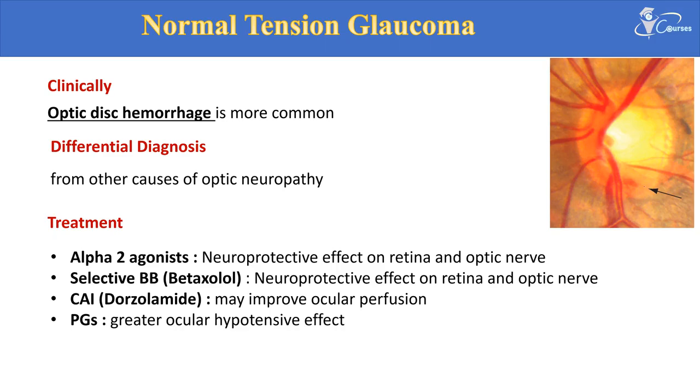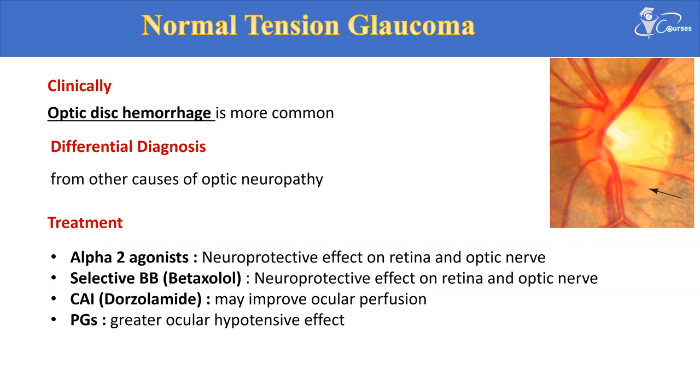There are certain drugs which have a neuroprotective function on the retina and optic nerve. Maybe they are increasing the perfusion of the optic nerve, such as the alpha-2 agonists, which will cause a neuroprotective effect on the retina and optic nerve. Some selective beta blockers, such as betaxolol, will also have a neuroprotective effect on the retina and optic nerve.